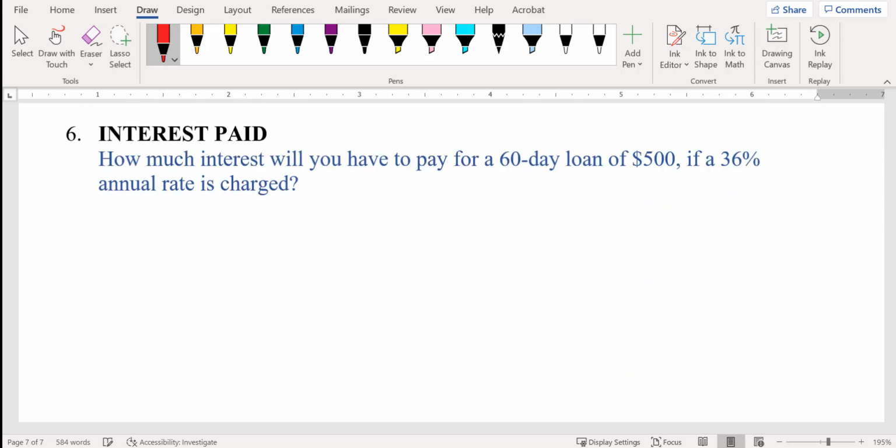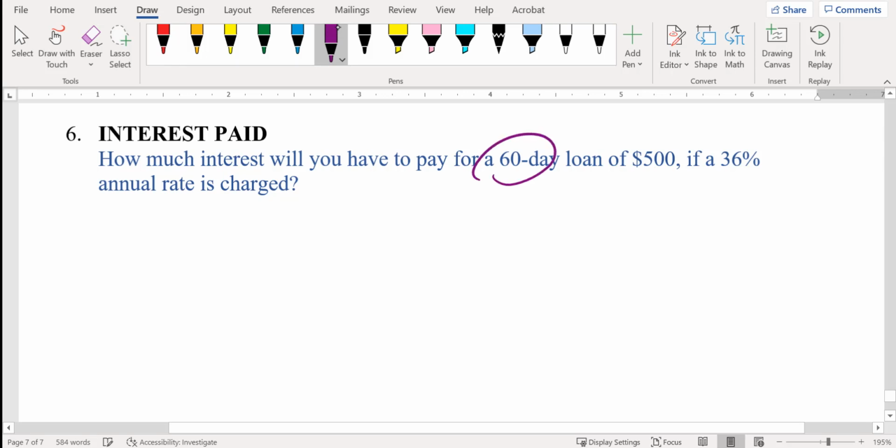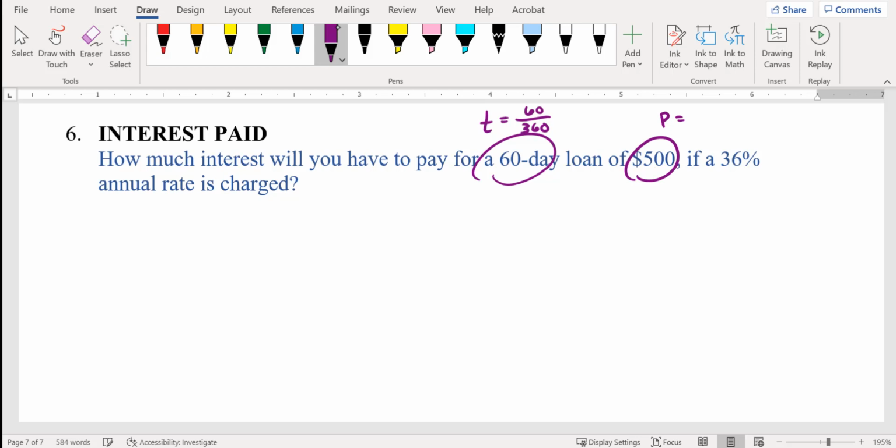Last problem, how much interest will you have to pay for a 60-day loan of $500 if a 36% annual interest rate is charged? Okay, 60-day loan. T is going to be 60 over 360. The loan, the principal, is $500. 36%, so R is going to be 0.36. All you want is the interest. The formula, interest equals PRT.